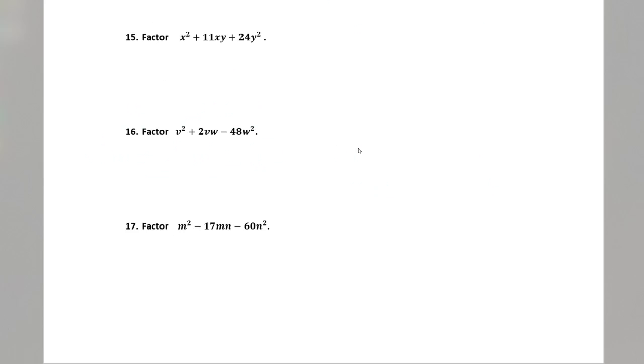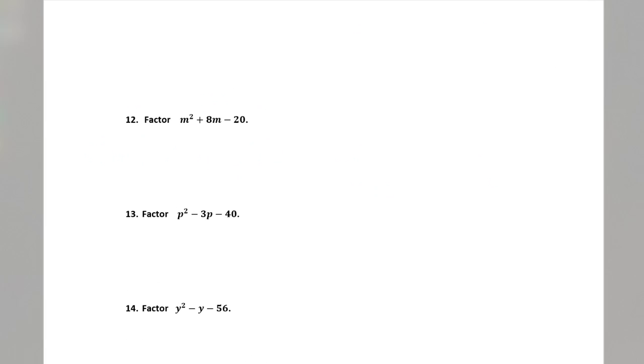Next one. So we can use a factor table. We have a -20, so we know since it's a negative, we're going to have a positive and a negative factor. Factors of 20.